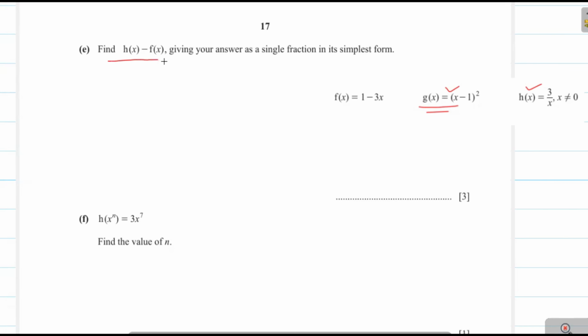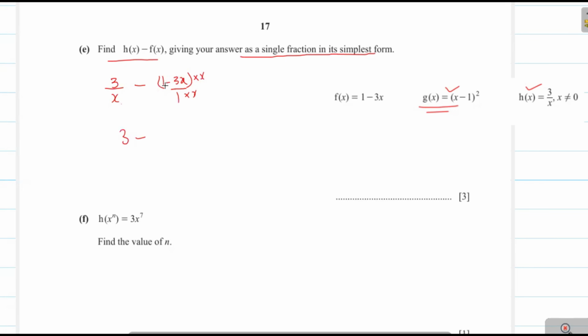Question number 11, part E. Find h of x minus f of x. Give your answer as a single fraction in simplest form. You see here h of x is 3 over x. F of x is 1 minus 3x. Now we take the LCM, this is x, and to make the denominator the same, we multiply this by x, and minus.